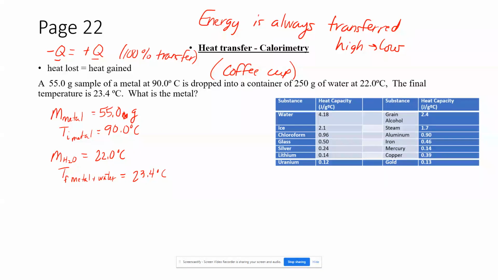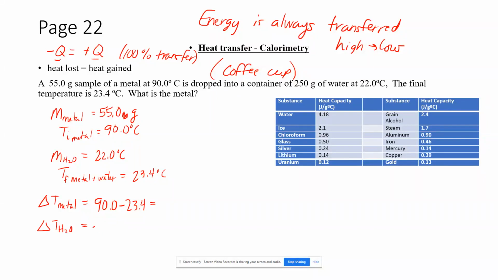So just with what we know, I can figure out how much the metal changed, and I can figure out how much the water changed. Just subtract, final minus initial. The metal went from 90 degrees to 23.4 degrees. The metal cooled down.